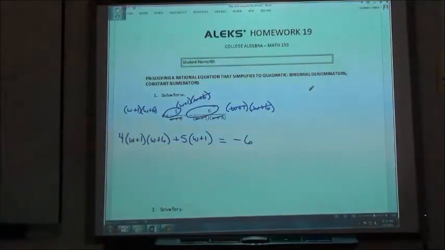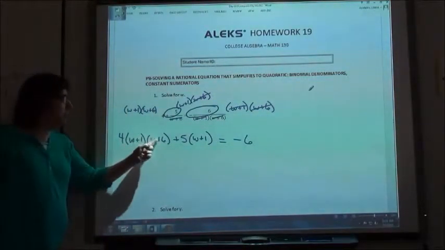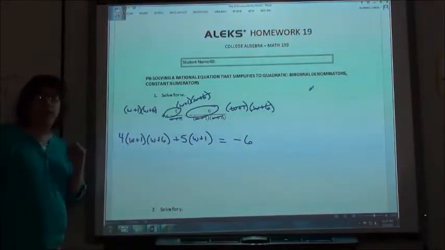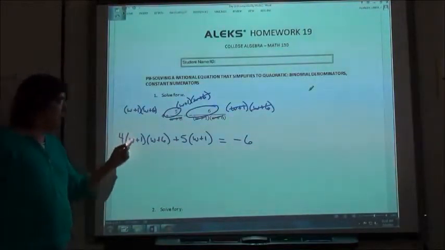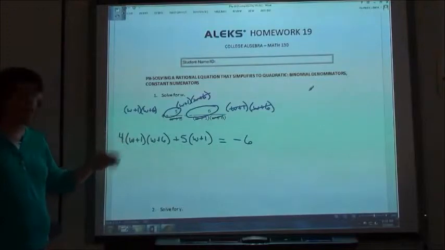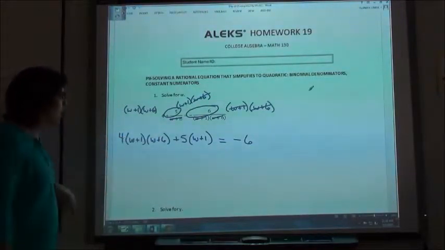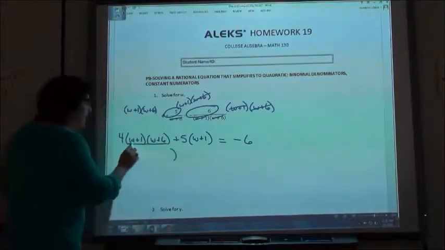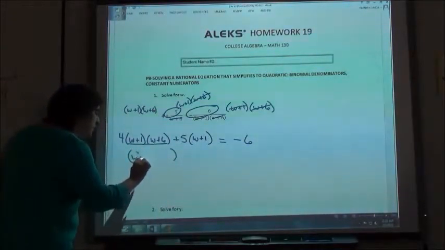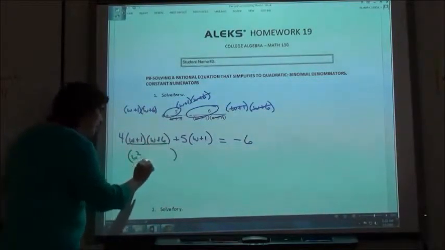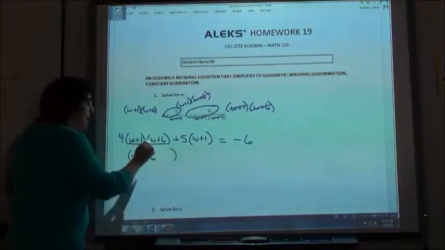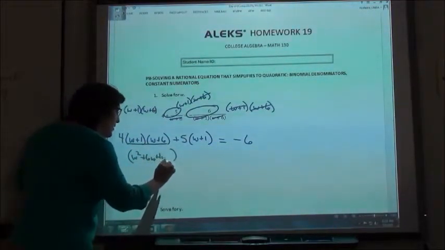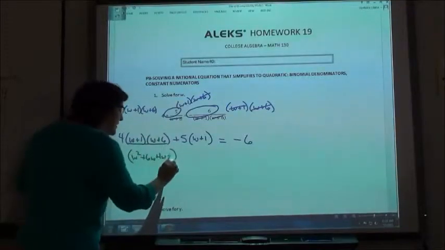I need to then solve this. In this case, I'm going to FOIL this out before I multiply by the 4. You could multiply by the 4 first, but then your numbers just get bigger, so it's easier if you FOIL first. So FOILing this part out, in parentheses, w times w is w squared, my outside is plus 6w, my inside is plus 1w, and then 1 times 6 is 6.